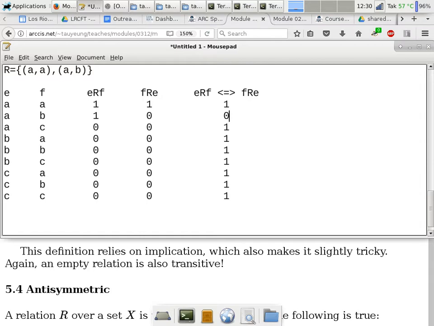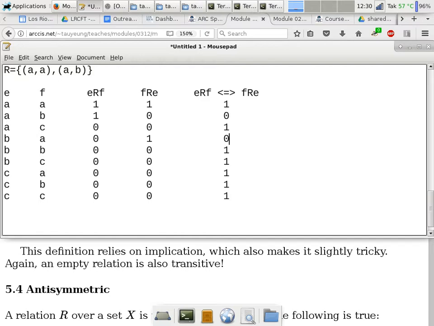So there'd be another false. This is another false. You are correct. B R A is false, but A R B is true, but that will also make the result here to be false. Thank you. Very good. Would this be a case where you run over the first case and you don't find the second case?